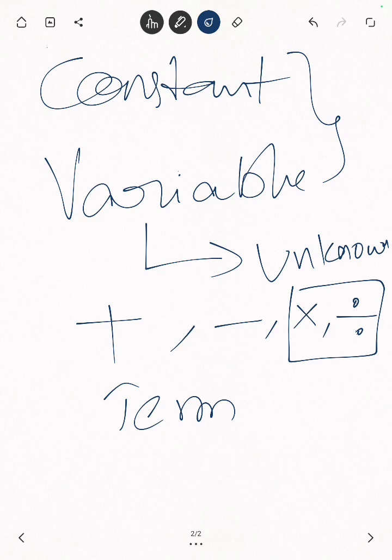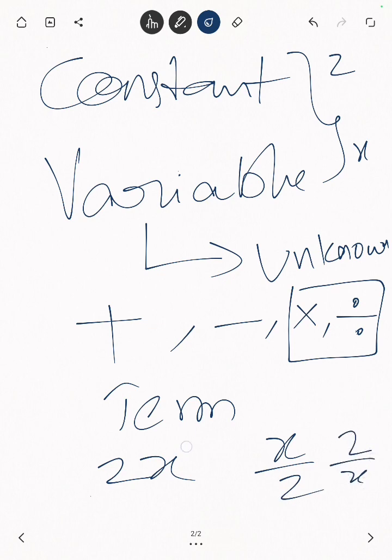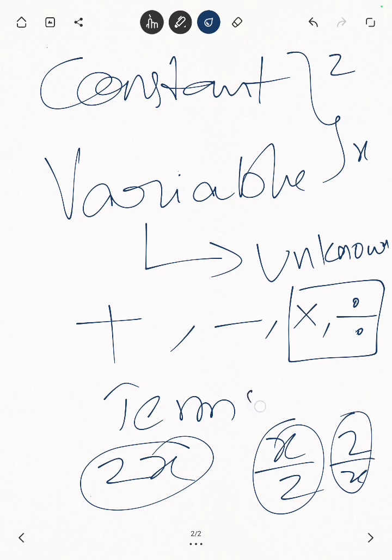See, I have a number 2 and a variable x. If I combine them in these ways, we call these things terms.